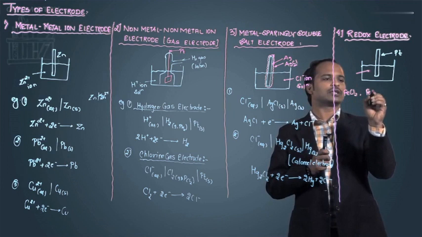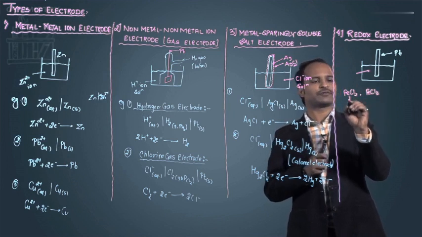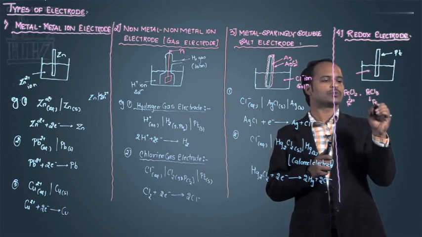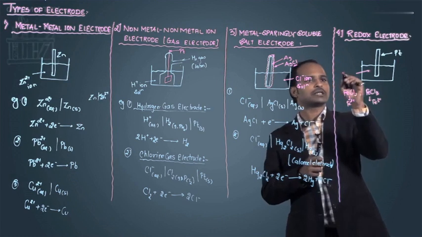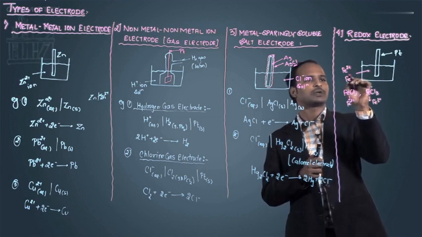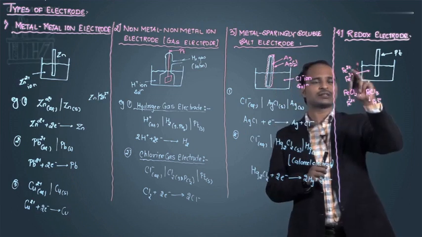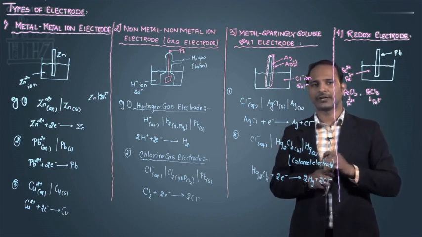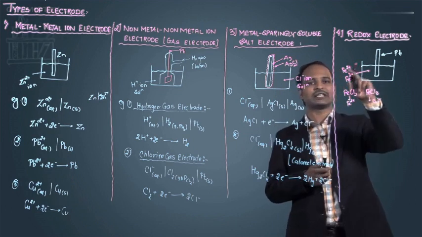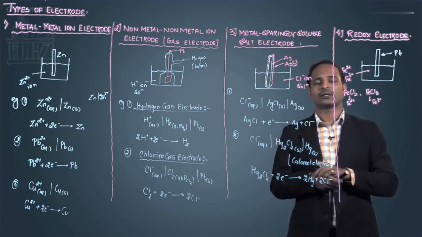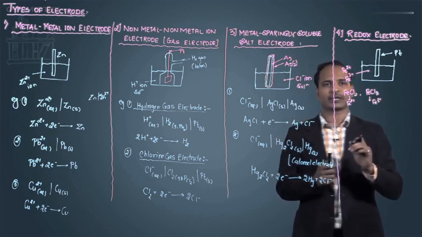FeCl2 will dissociate to produce Fe2 plus, and FeCl3 will dissociate to produce Fe3 plus. That means the solution is containing a mixture of the same Fe ions but with a different valency, that is 2 plus and 3 plus. Since the valencies of these metal ions are different, the reaction takes place between these two metal ions itself. And being inert in nature, the platinum electrode does not take part in the reaction.